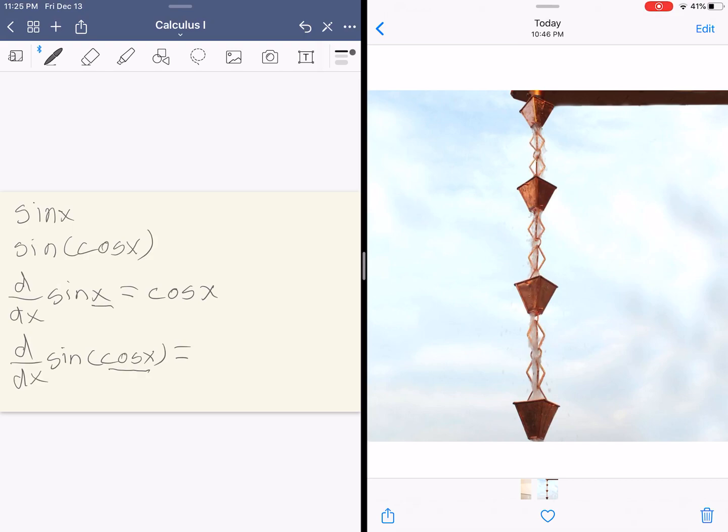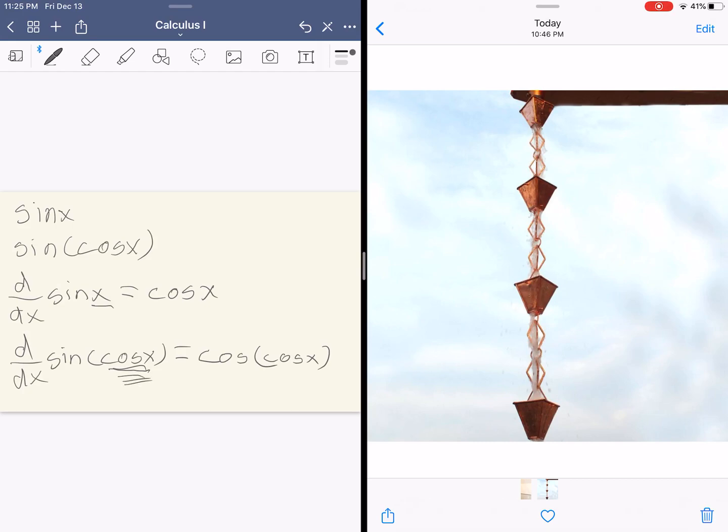And I know that the derivative of sine is cosine. So I'm going to just do what I would do if it was just x. So just put down cosine, and then rewrite the argument cosine of x. However, this function is not x. This function is cosine of x.